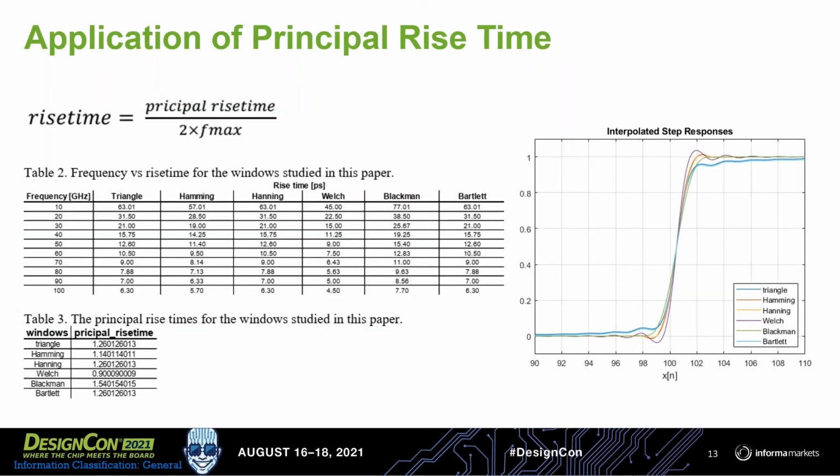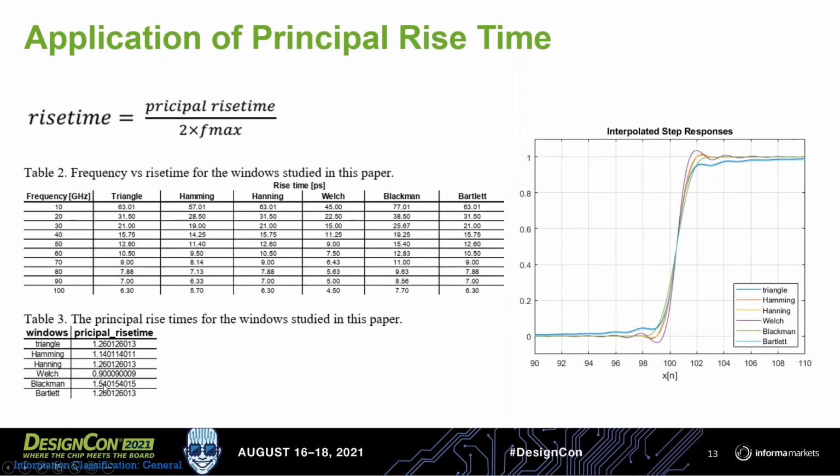So if we take this idea and apply it to a bunch of different windows that are available, we get different principal rise times. And then we can make some observations from these different window functions. The first thing I would do is ask, what's the min and what's the max? The minimum principal rise time would be the Welch function.